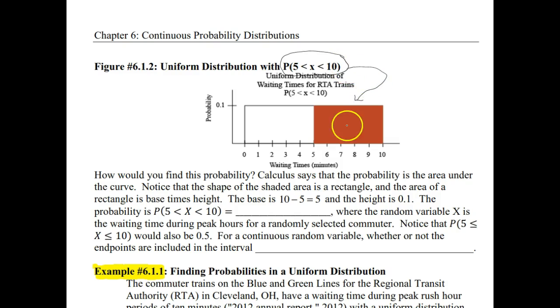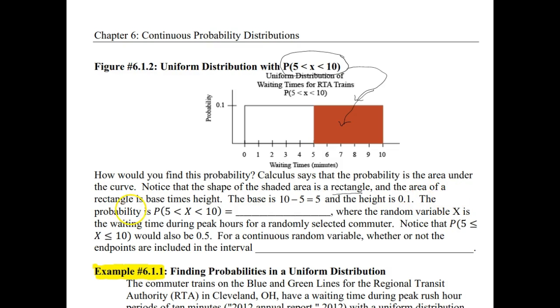That's what this shaded region represents: all of the region between 5 and 10 under our uniform distribution curve. How would you find this probability? Calculus tells us that the probability is the area under the curve, between the curve and our x-axis. Notice that the shape of the shaded area is a rectangle, so it's something we actually know how to find the area for.